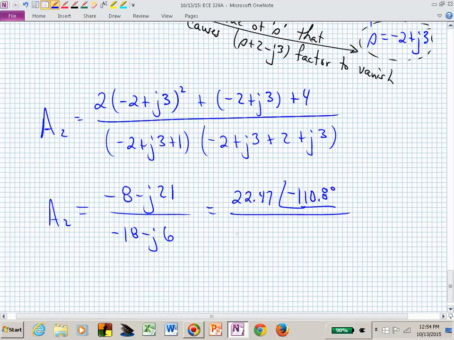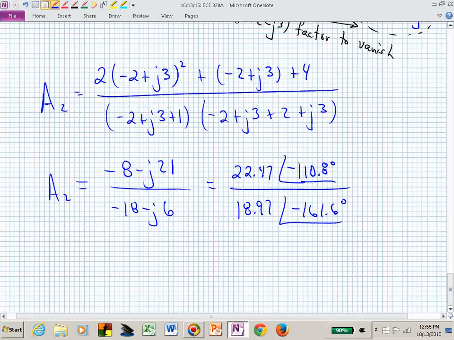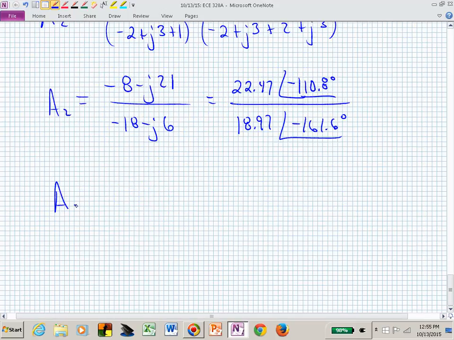And the denominator is 18.97 at an angle of minus 161.6. Now we can take the ratio of the magnitudes, and it's going to be a little bit bigger than 1. It ends up being 1.184.